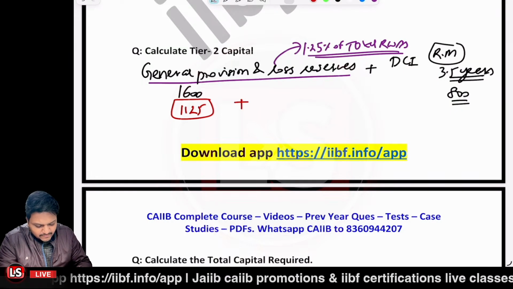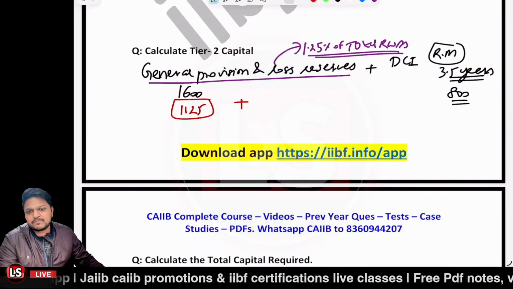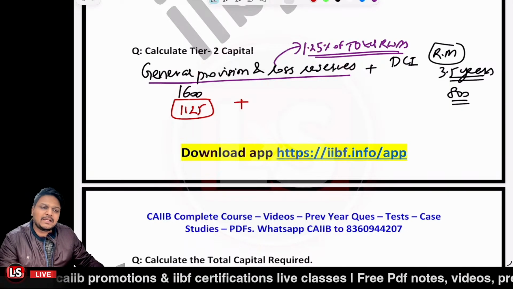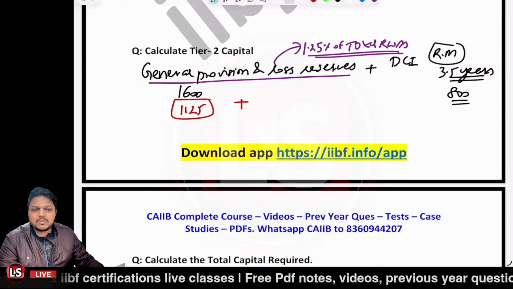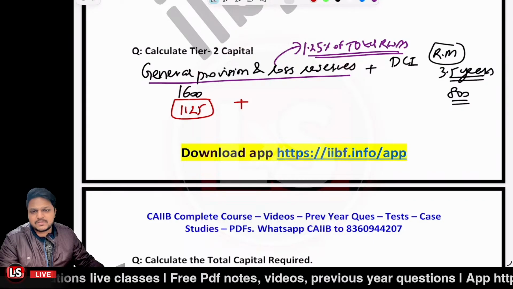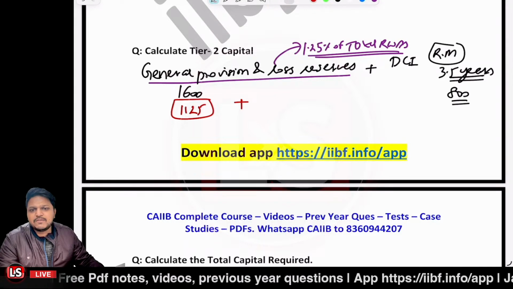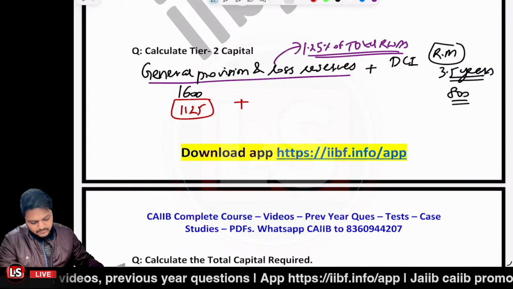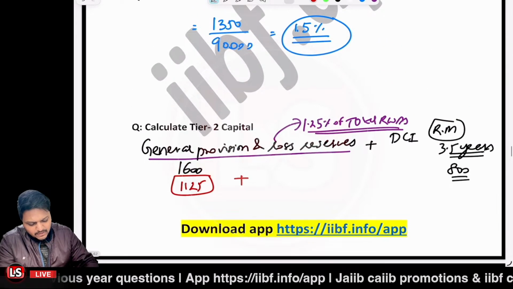Plus the DCI is given to have the residual maturity of 3.5 years. Now I told you very clearly about the debt capital instruments, what it was all about. In case of the debt capital instruments, if there is a given residual maturity, you have to follow a table, right? If you don't memorize the table, let me just tell you.